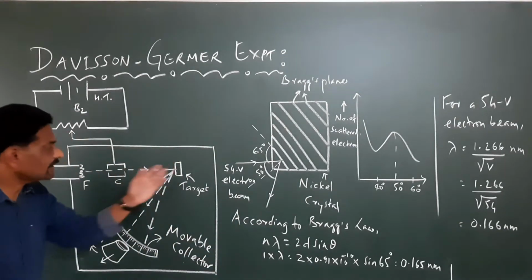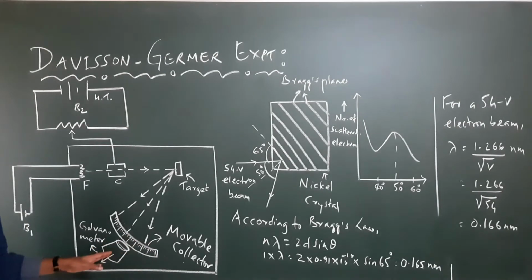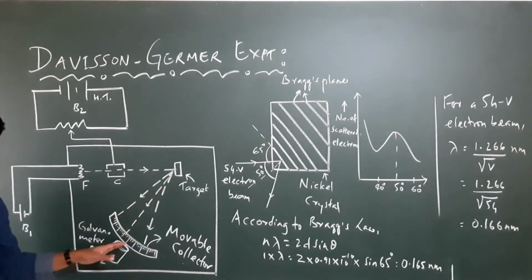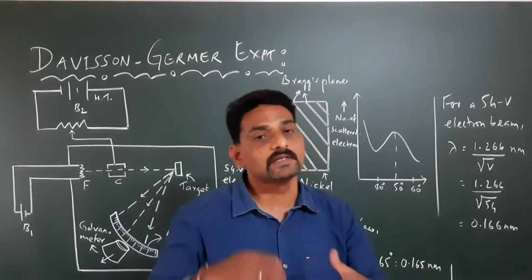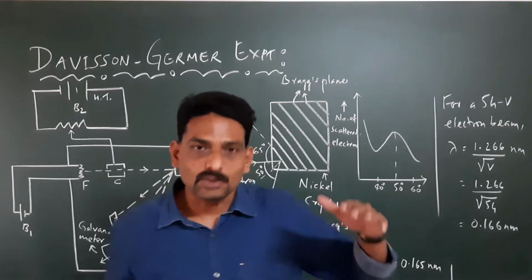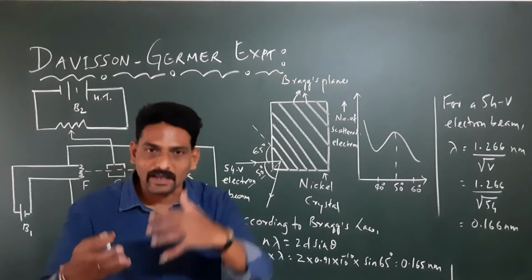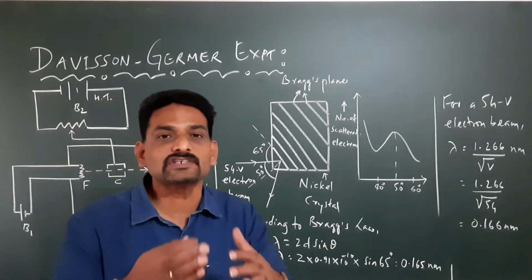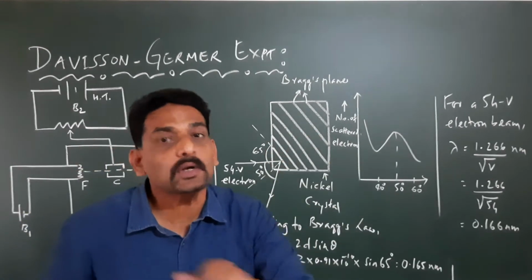Again it underwent scattering, the scattered electrons were collected, and they noted down the intensity of the scattered electrons of 44 volt. Like this, they sent electron beams of different voltages to the nickel crystal, made them undergo scattering, collected the scattered electrons in the collector, fed them to the galvanometer, and noted down the galvanometer deflection for the different voltages.